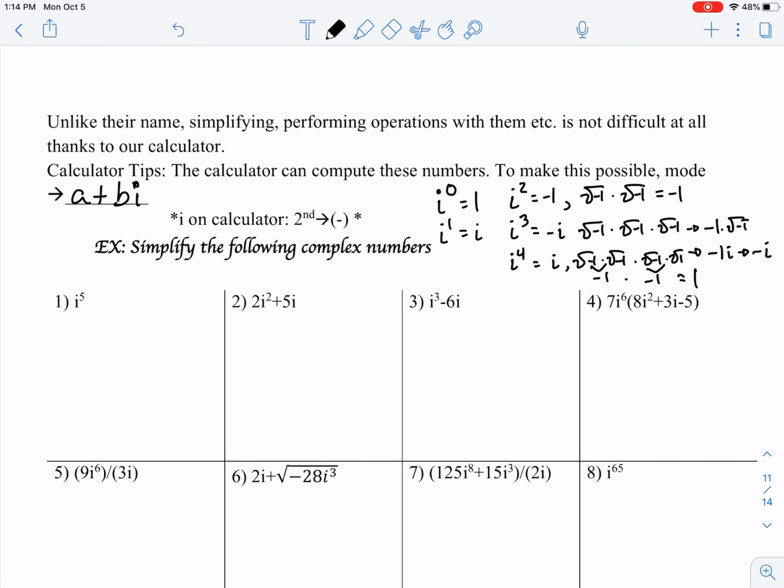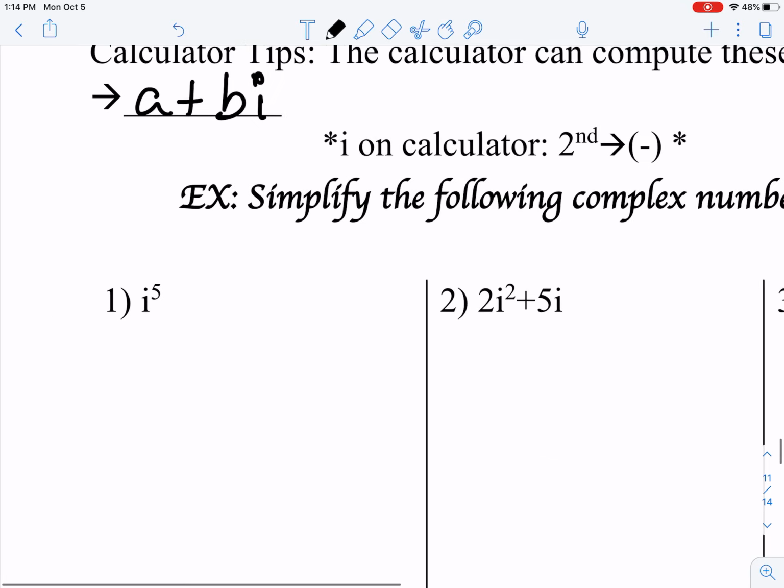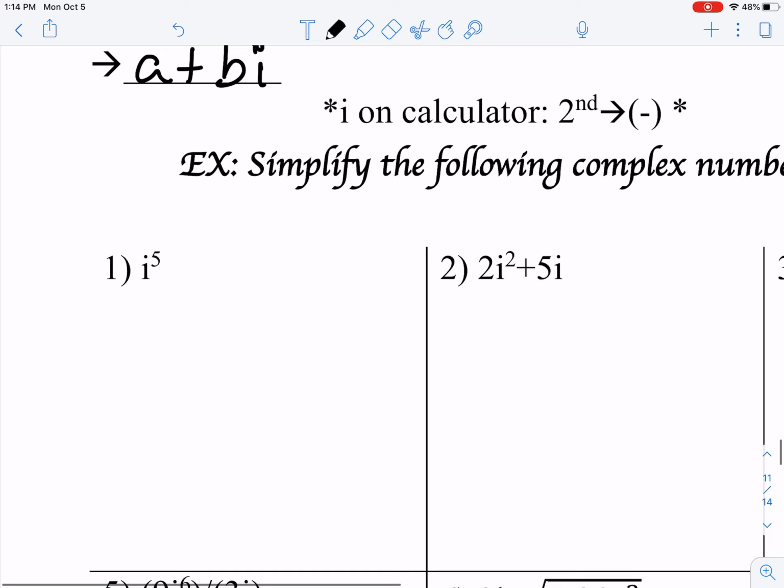Now, with all of these, you have different ways that you can go about doing them. What I like to do is just write them out, expand them. I to the 5th is 1, 2, 3, 4, 5.